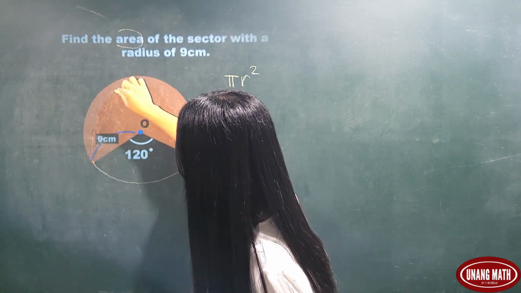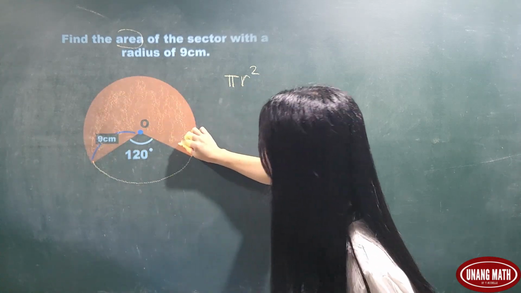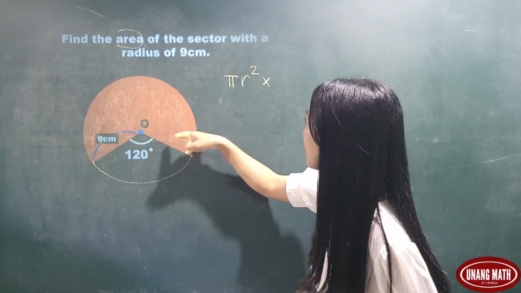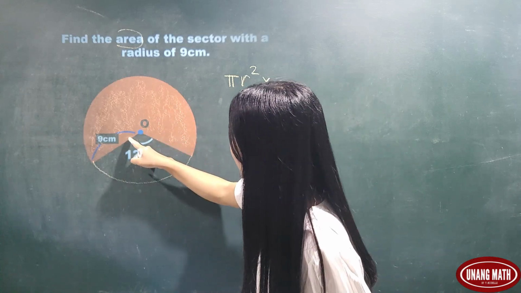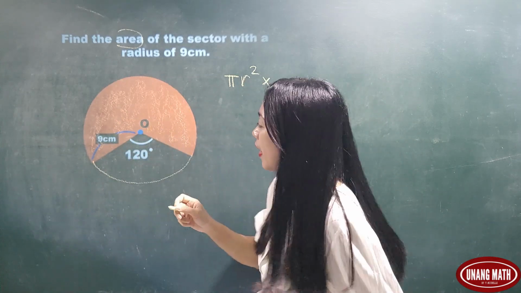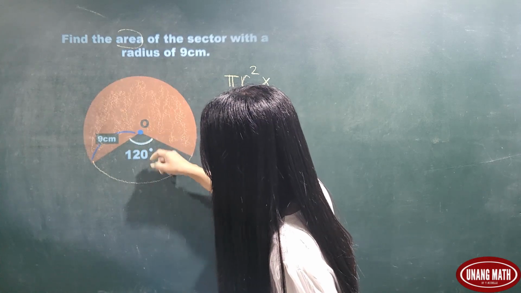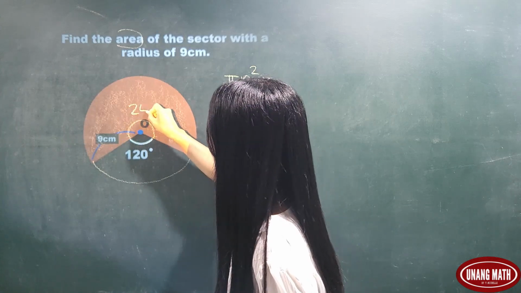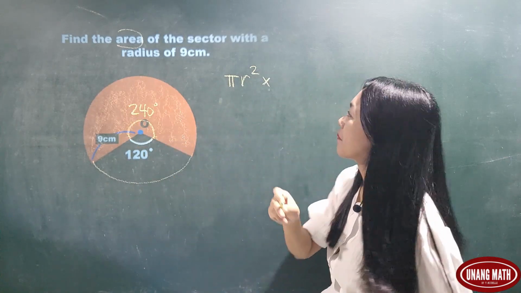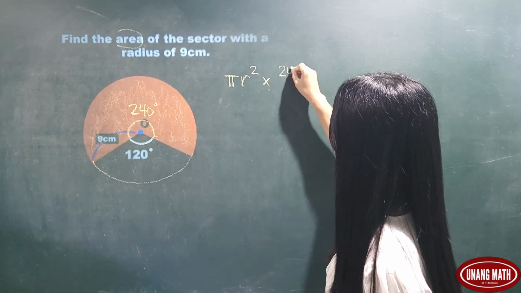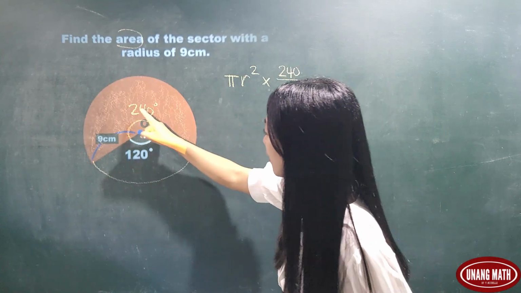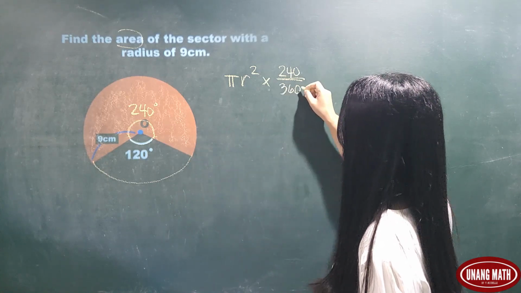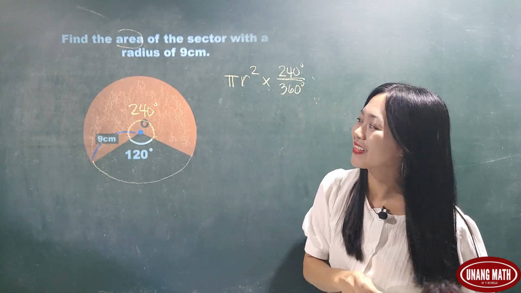And since we are just looking for this area, we have to multiply the whole area of the circle times the ratio of the central angle to the whole. This is 120 degrees. So that means this central angle is 240 degrees. So this is times 240 over 360 degrees.